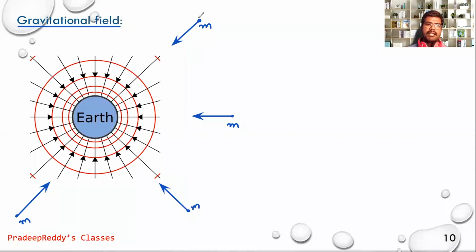So that means there is a gravitational force acting on this mass m, and that gravitational force I am considering as F. Here also, upon this mass there is gravitational force, upon this mass there is gravitational force. This gravitational force is exerted by Earth mass, which I am taking as capital M, on this smaller mass.